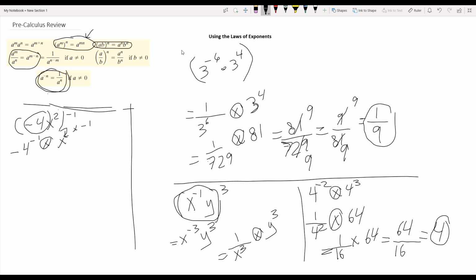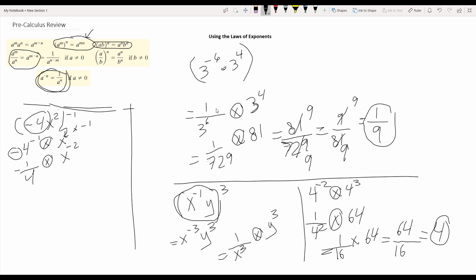So this will be what? Well, negative 4 to the negative 1, recall this sign here, it's really important. You can't miss it. 1 over 4, right? Times, let's see, well, x to the second power times negative 1, that is simply x to the negative 2, right?